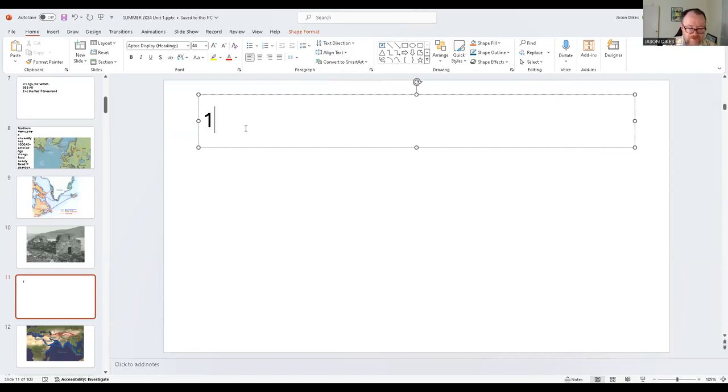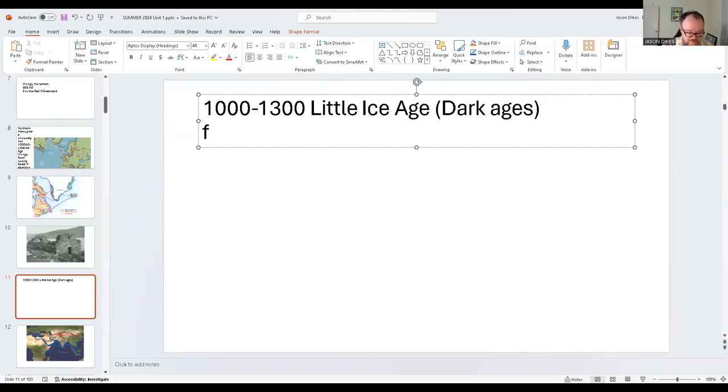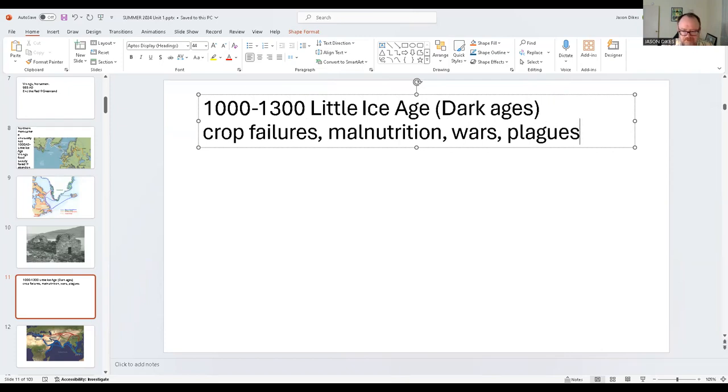Once Europe entered that little ice age, that is also a period that is frequently known as the Dark Ages, because once the weather began to change again, there were crop failures, malnutrition, wars, plagues, okay, the Dark Ages.